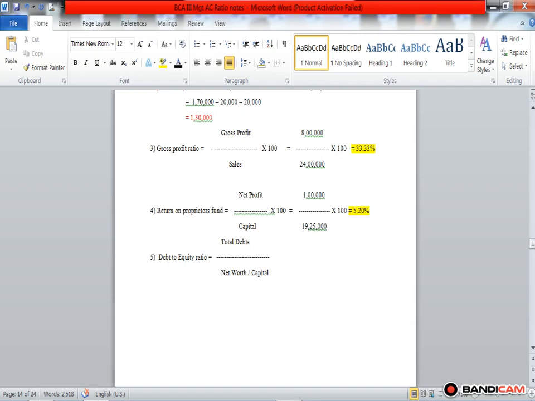Okay, multiplied by 100, we get a debt to equity ratio or percentage of debt to equity ratio.